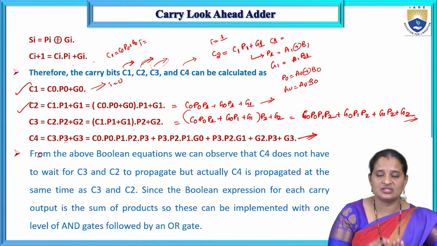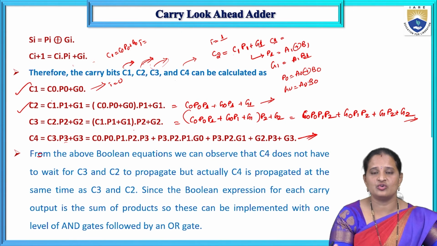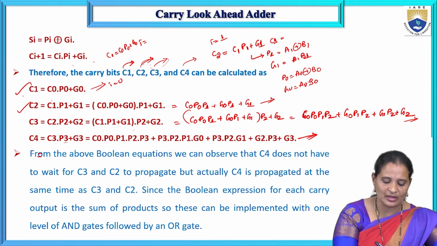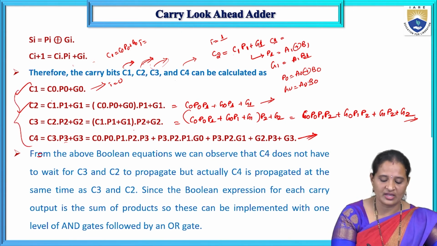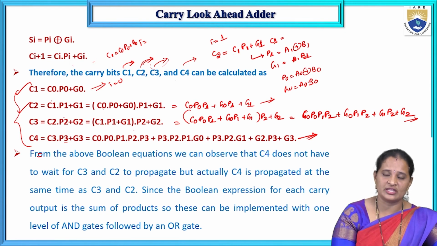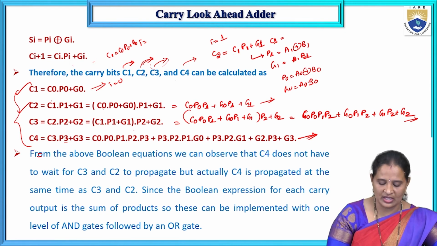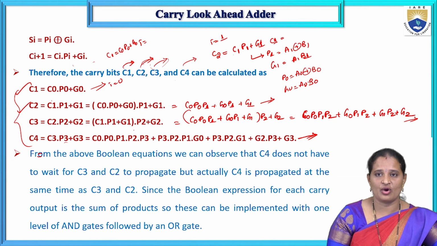So C4 does not have to wait for C2 and C3 to propagate, because by looking at these equations, we can implement all these by simply using logic gates, that is AND and OR gates.